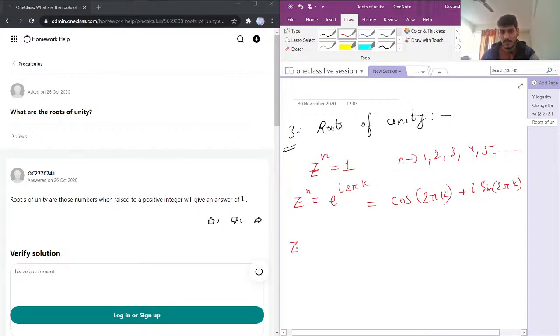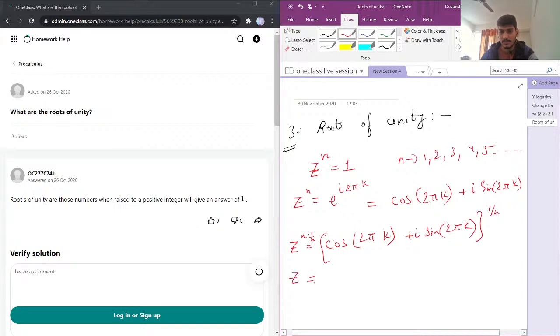Now for evaluating only z, I can just take the reciprocal of the power, so cos of 2 pi k plus i times sine of 2 pi k, raised to the power 1 over n.